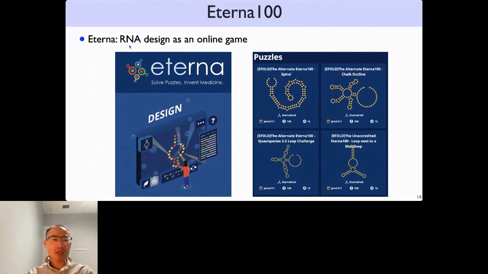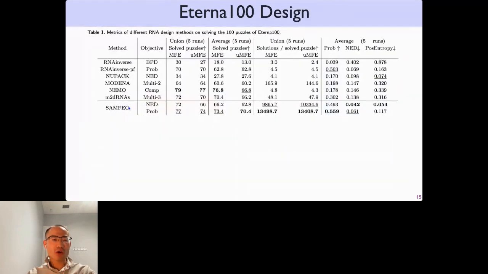It is a crowdsourcing platform for human players to perform RNA design tasks. We have two versions of our method, sample optimizing ensemble defect and probability defect respectively. And there are 6 baselines.